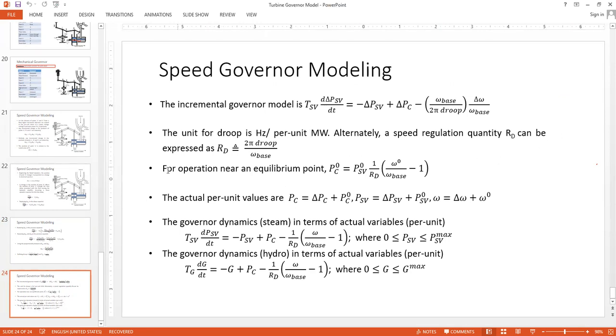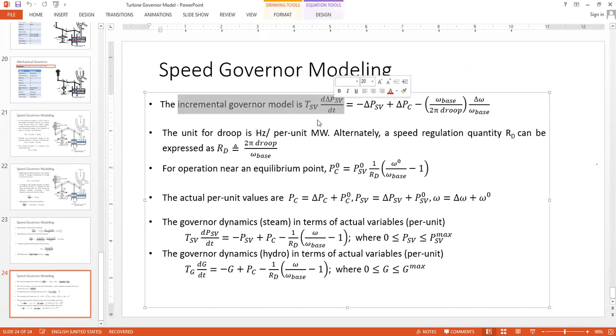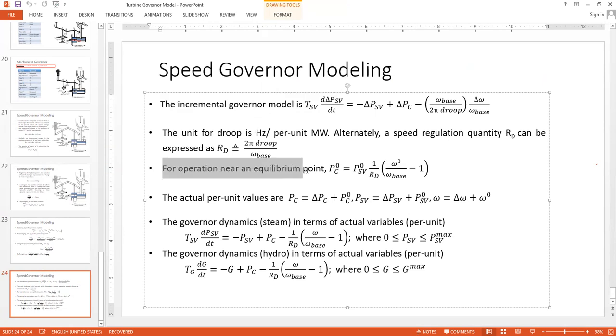Now, if instead of looking for the incremental model, we are interested in an equilibrium point, note that any incremental model is always built with respect to a certain equilibrium point. Initially, before the disturbance or before the increment in the variable, we assume we were operating at some equilibrium point or steady state operating point.